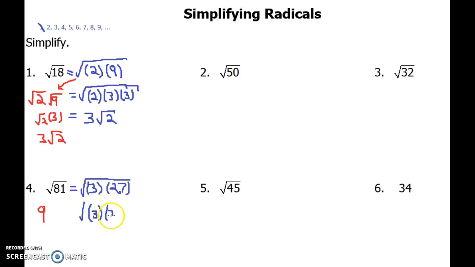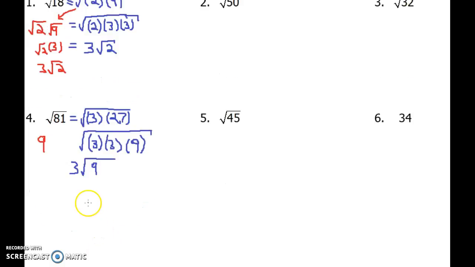Then you have 3 and 9. Okay, right here you have a couple, so you can bring these 3's out. So there's a 3 out here, and then 9 still is in here. 9 breaks down again to 3 and 3.